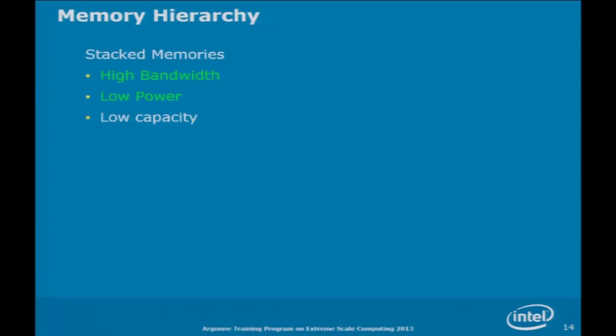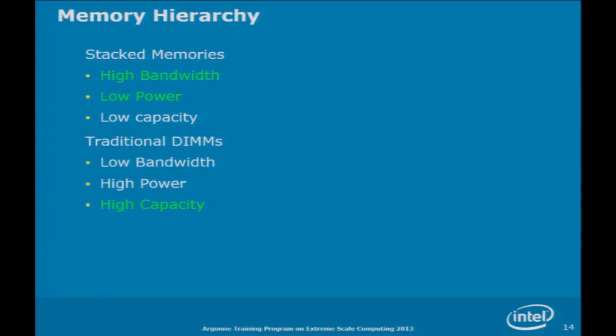With the stacked memories, you get high bandwidth, low power, maybe 1/3 of the power that you would with DIMMs, but you get low capacity, because it's limited how many DRAMs you can stack on top of each other before you have a heat dissipation problem or a manufacturing or reliability problem. With traditional DIMMs, you get low bandwidth and high power. Those are both bad, but high capacity is very good. So for lots of applications, high memory capacity is very valuable.